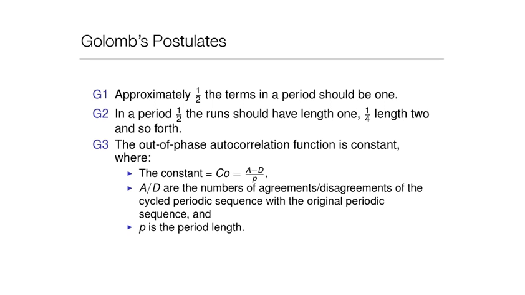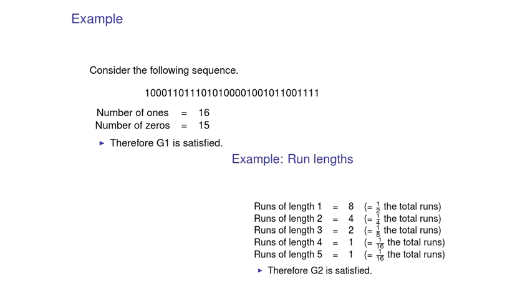So half the runs. Total runs are here 1, 2, 3, 4, 5, 6, 7, 8, 9, 10, 11, 12, 13, 14, 15, 16, 17. There are 17 runs.